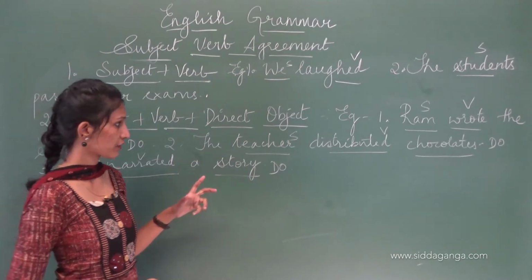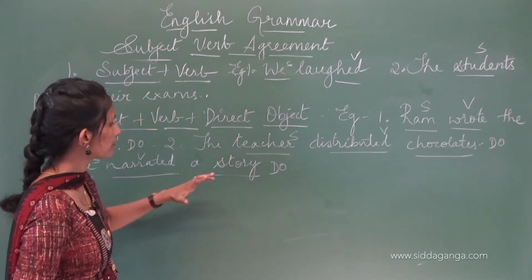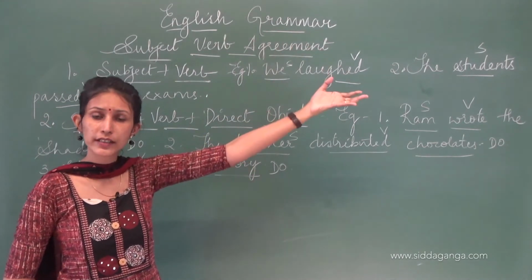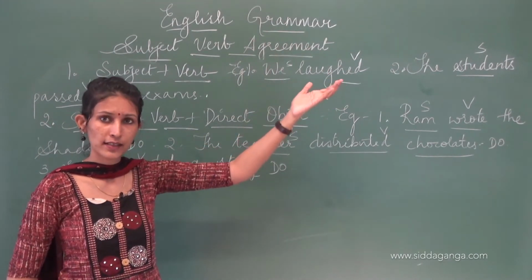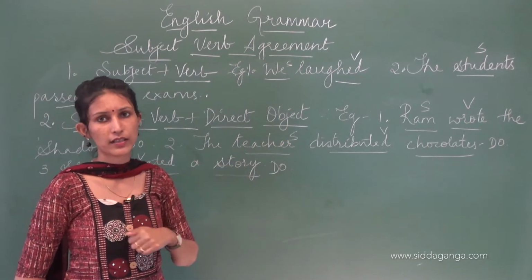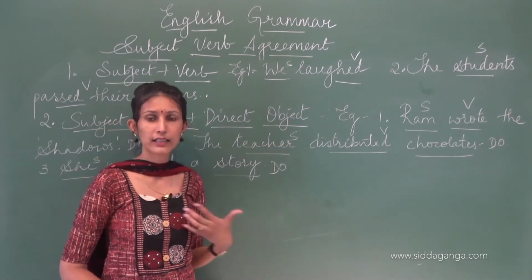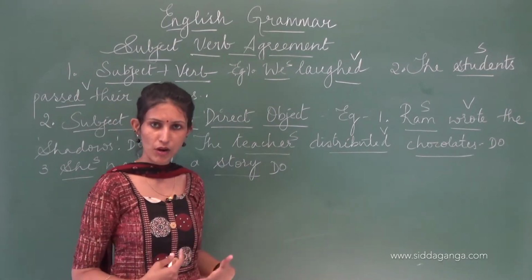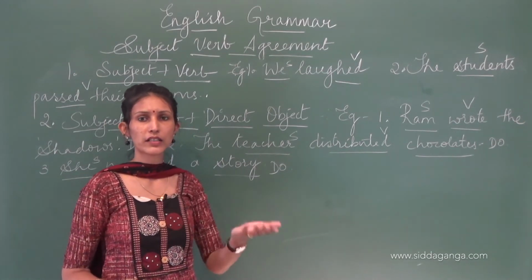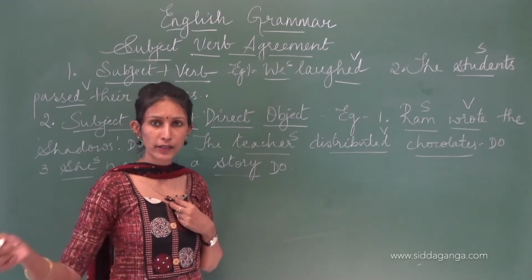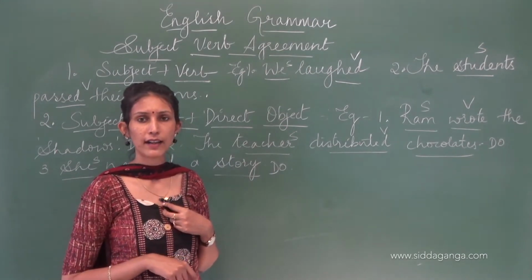I hope you're following, students. She is doing that action. She is not getting it done through somebody else. She herself is doing it. Okay, one more example. He bought the mangoes. He is the subject, bought is the verb, he has done some action there. He has bought the mangoes. Mangoes are the direct object.